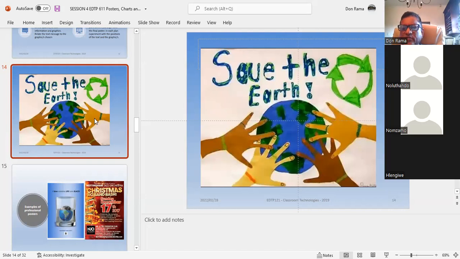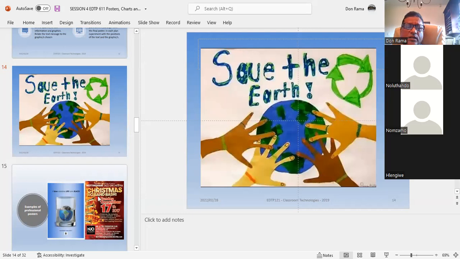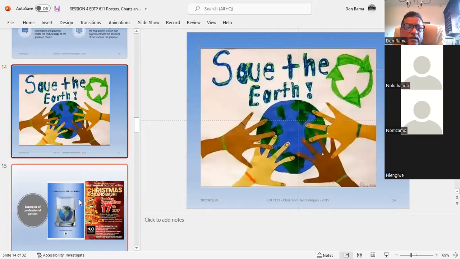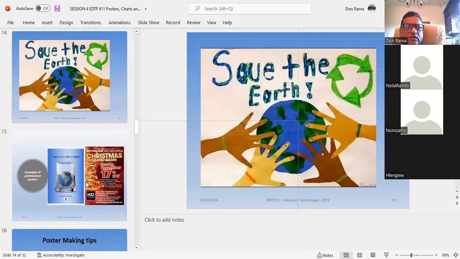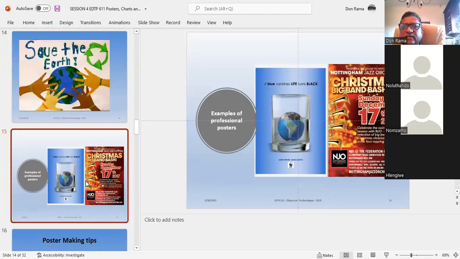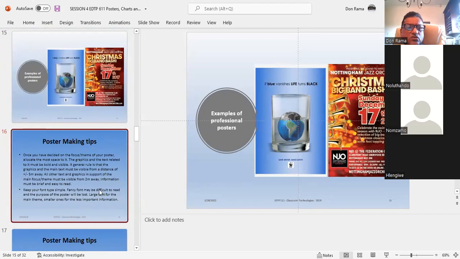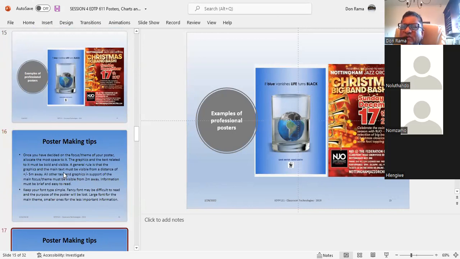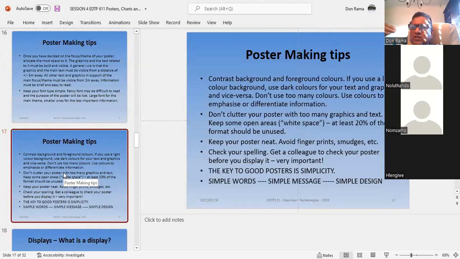So in a poster, we don't have as much information as we have in a chart, right? If you go along in this presentation, they have other examples. This is an example of a professionally made poster, and I'm not going to go too much into the poster making tips because it's the same as for the charts.